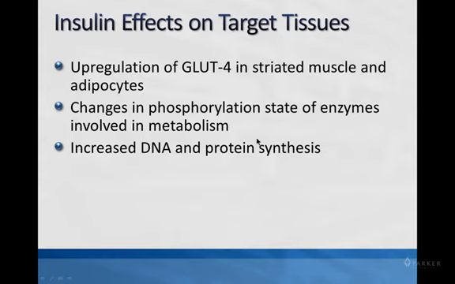It will also affect the phosphorylation state of enzymes involved in metabolic pathways. So it will be involved in either activating certain pathways or inactivating certain pathways. It also will promote DNA and protein synthesis. You think, okay, anabolic, yeah.